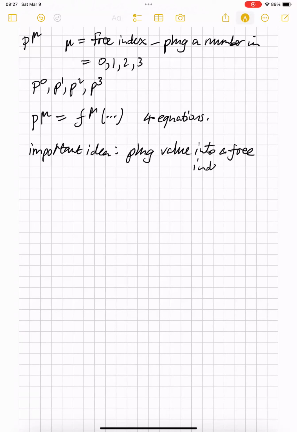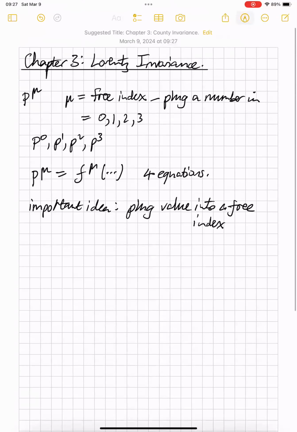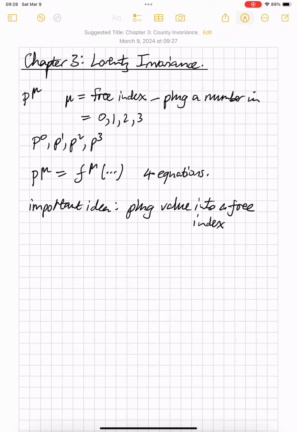Now, there's other kinds of indices that I can have besides free indices. Let me give you an example of that. Let's imagine that I have X alpha up and P alpha down. In this situation, we call alpha a dummy index.